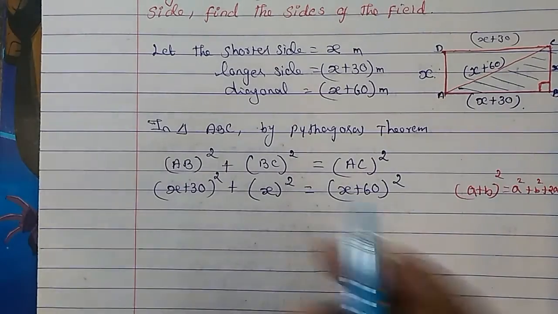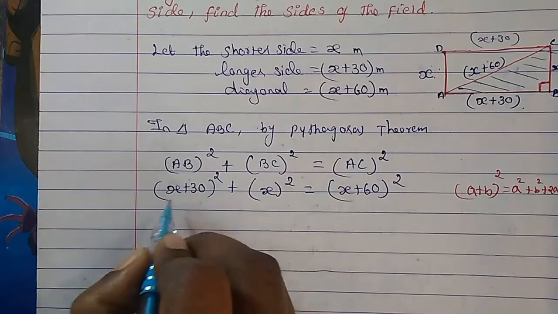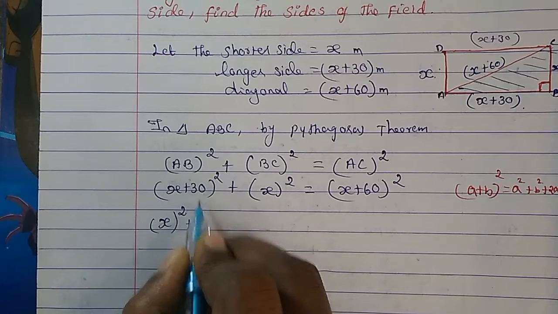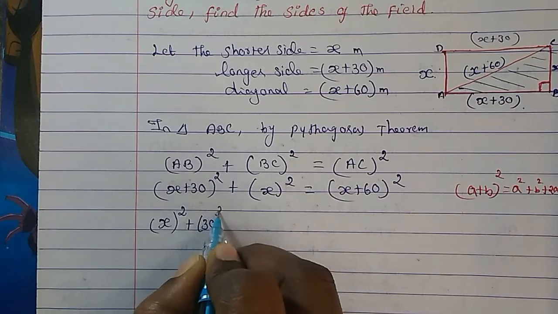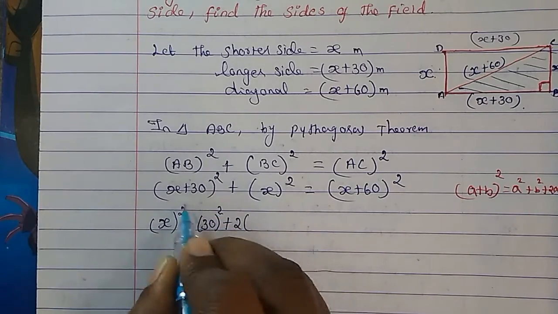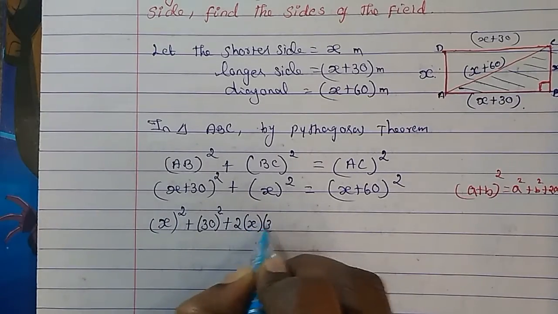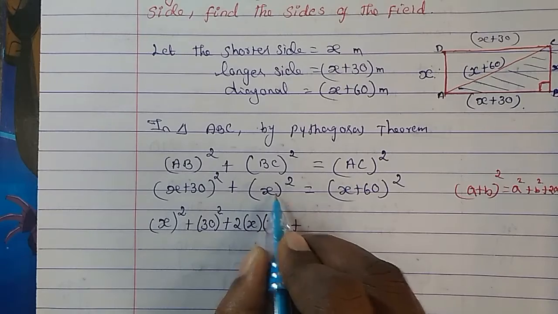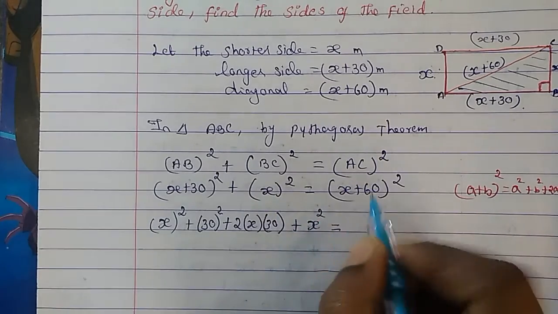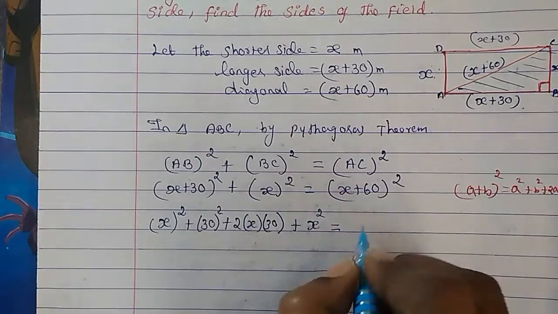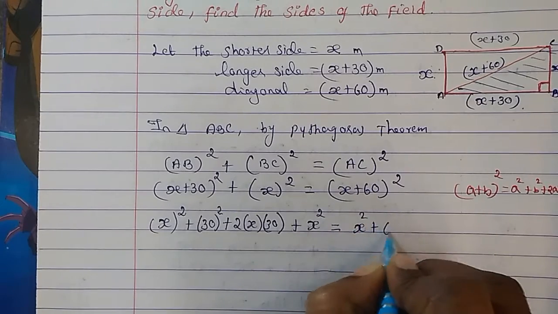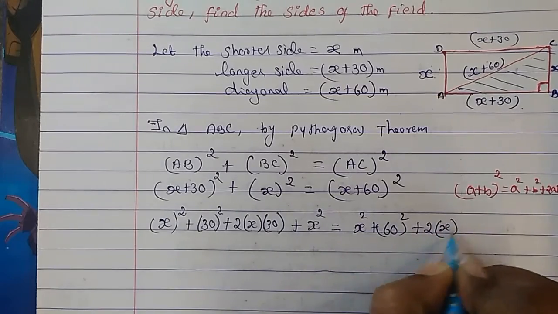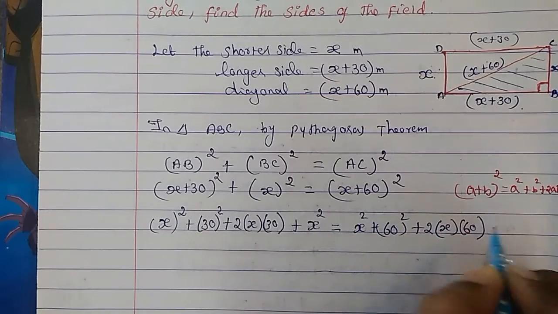Here a is x, this is our b, 30. So x square plus 30 square plus 2 times x times 30. Now this is as it is. This also can be written this way: x square plus 60 square plus 2 times x times 60.